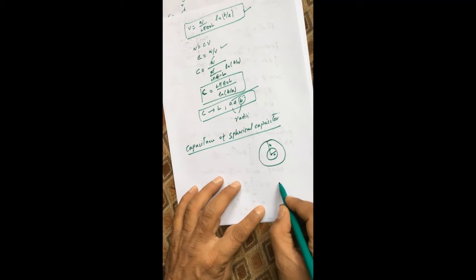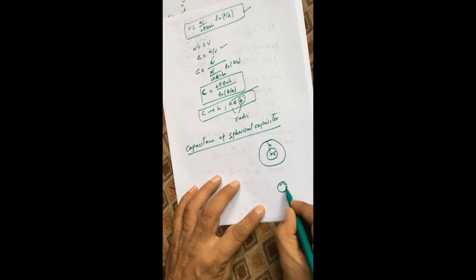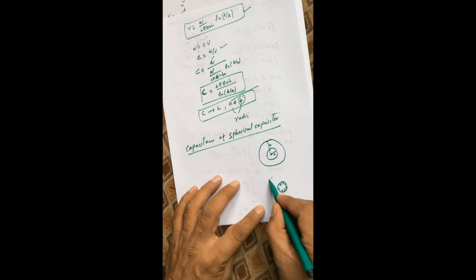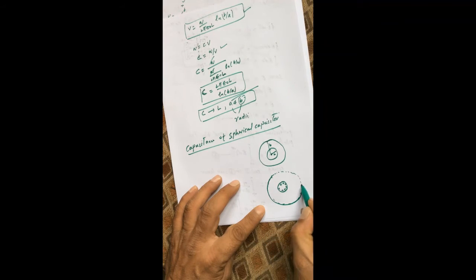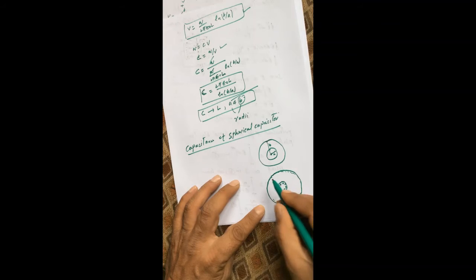Positive charges appear on this sphere, and negative charges appear on the outer sphere.